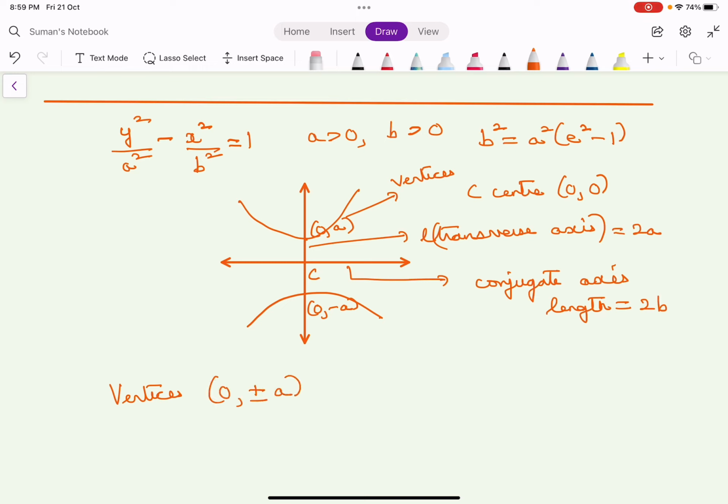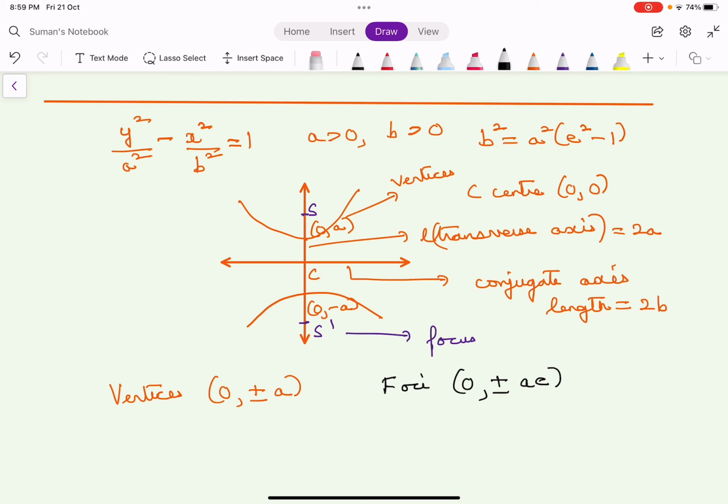And then you have the foci. There are two foci, one at the top and one at the bottom. So they are S and S dash. These are the foci, one on each side, and the foci are given by 0, plus or minus ae.